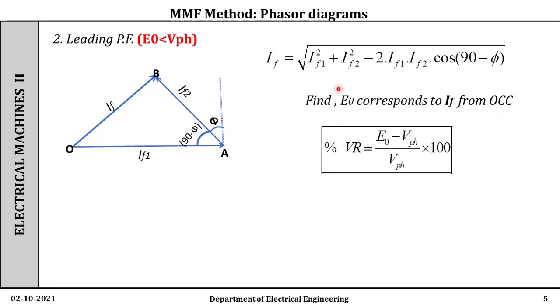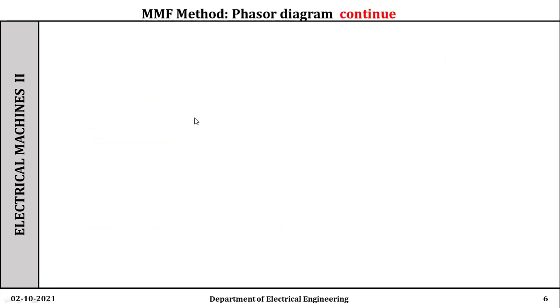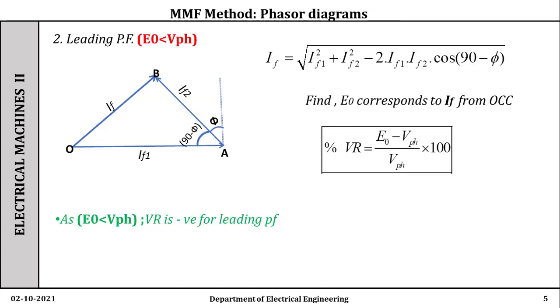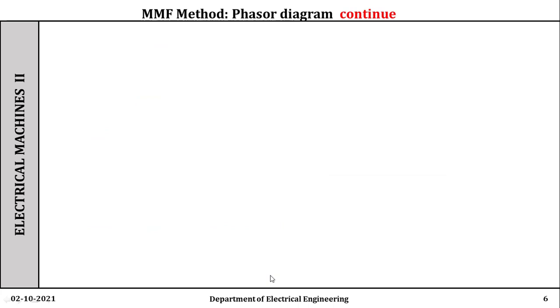And once you obtain the no load EMF per phase, we can obtain the percentage voltage regulation, that is E0 minus VPH upon VPH into 100. Now in case of leading power factor, as E0 is greater than VPH, the numerator is negative, and therefore voltage regulation is negative for a leading power factor.